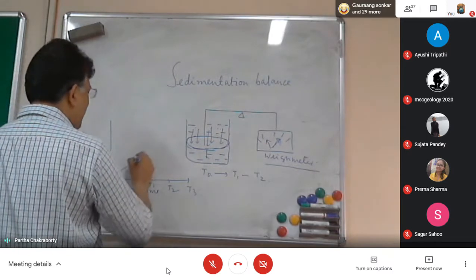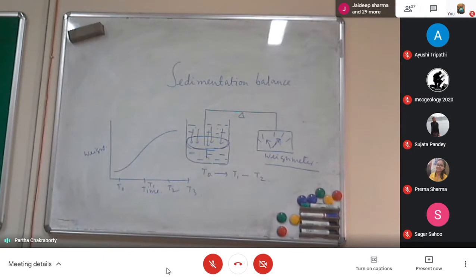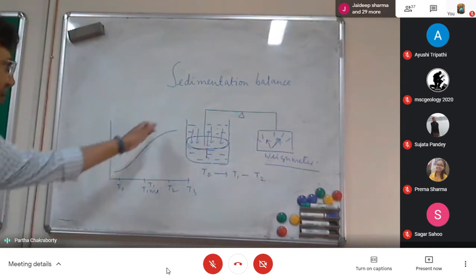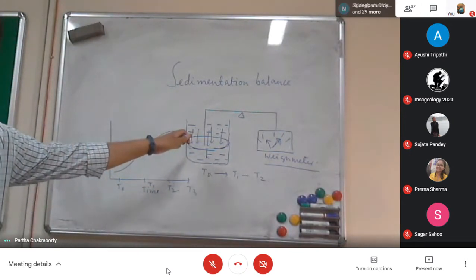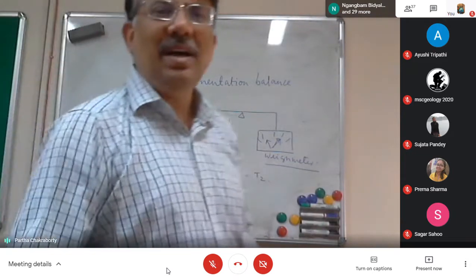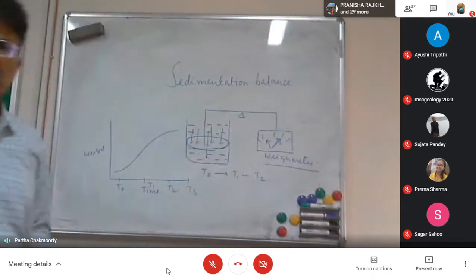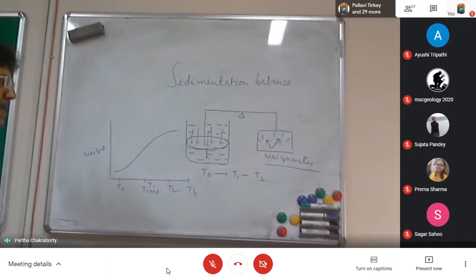You will be getting a curve like this, that with time you are gaining weight. And that is actually a replica of the grain size distribution.